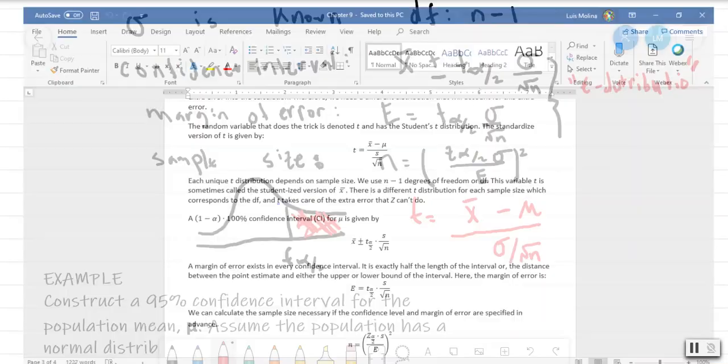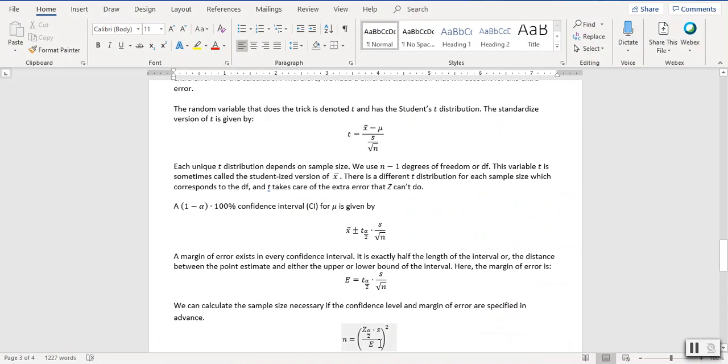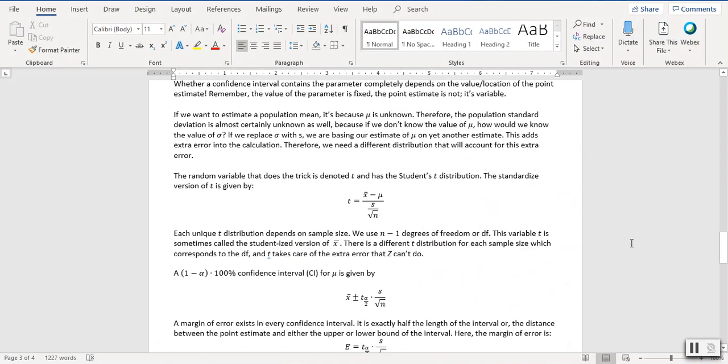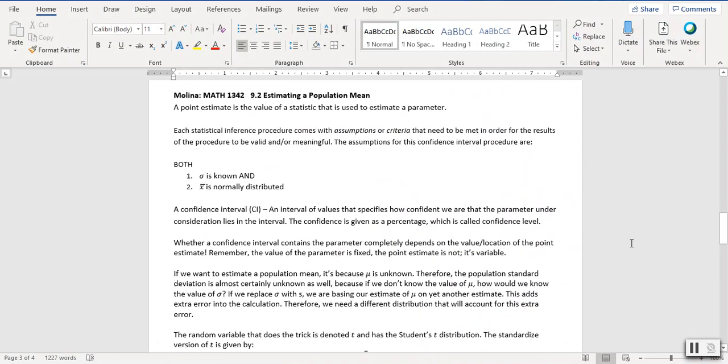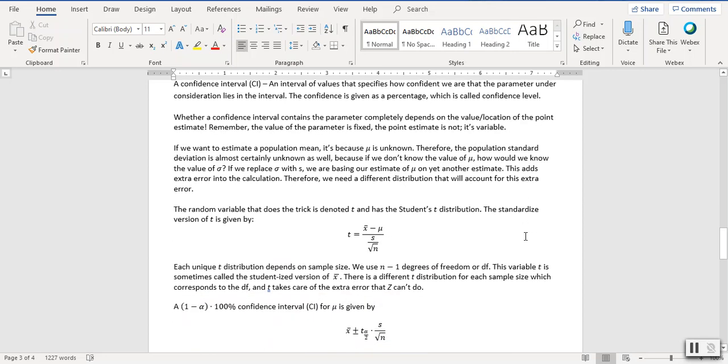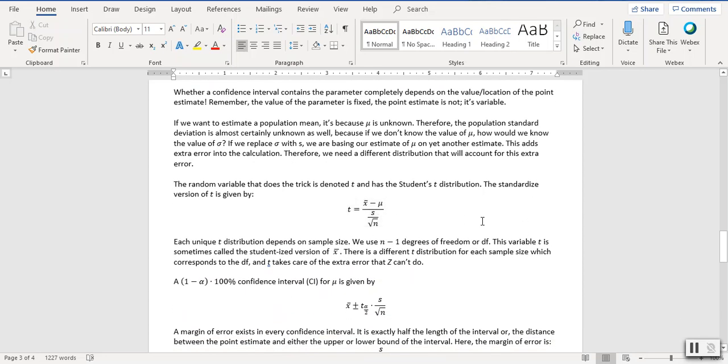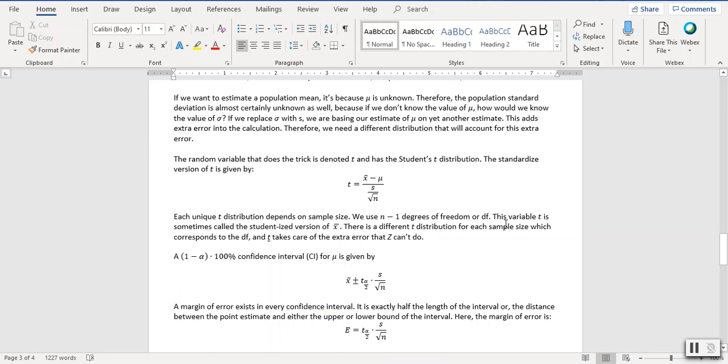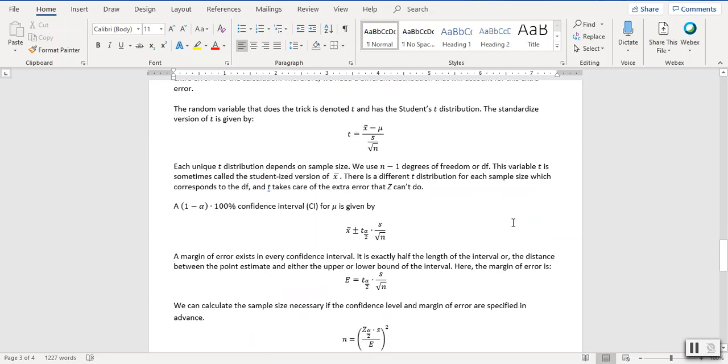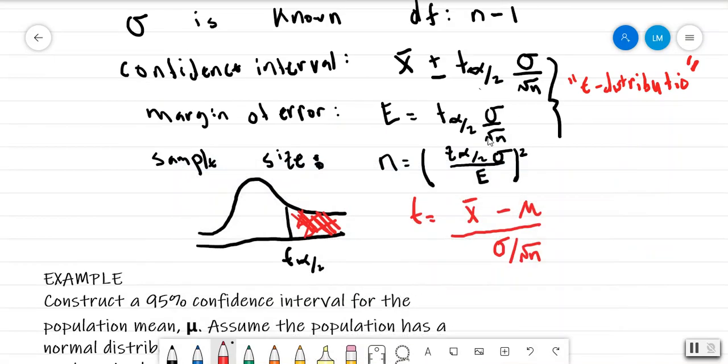Let's make sure that's correct in terms of the notation. I guess we can change the standard deviation to s, but to be honest, it's more or less the same thing. As long as you know that you're dealing with a standard deviation, you can always just replace it with the given information.